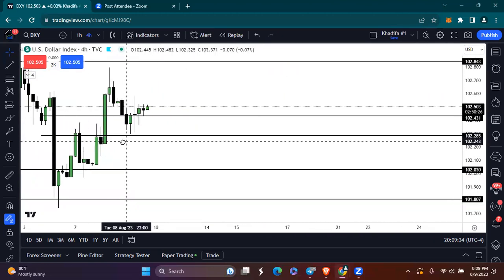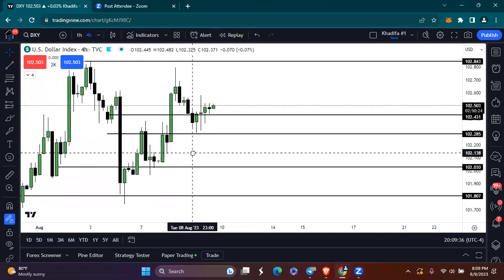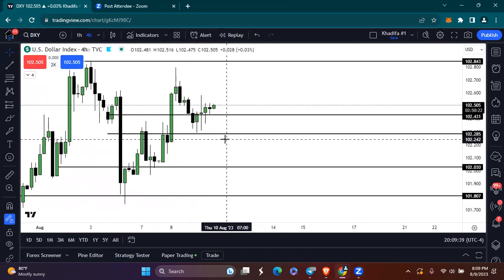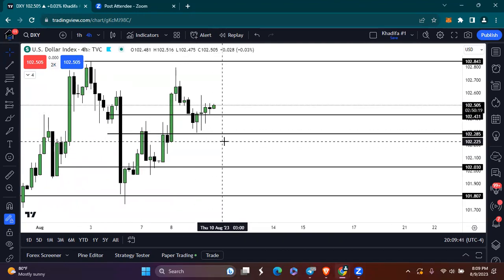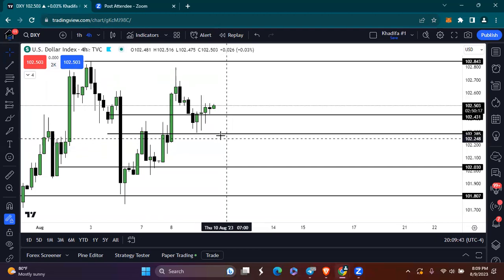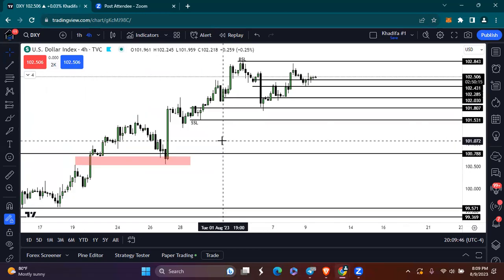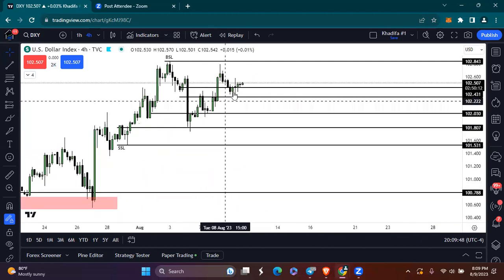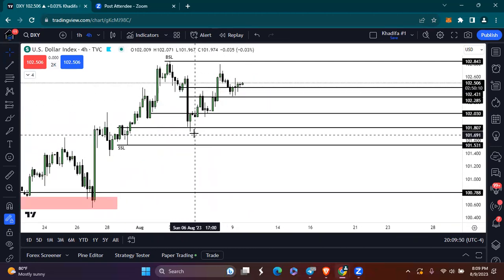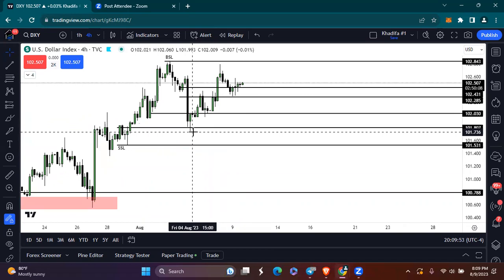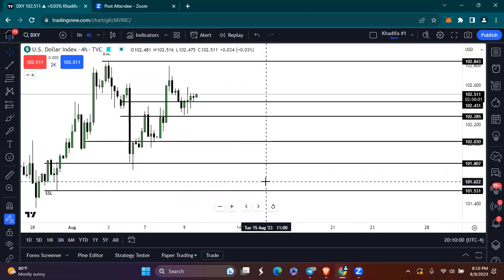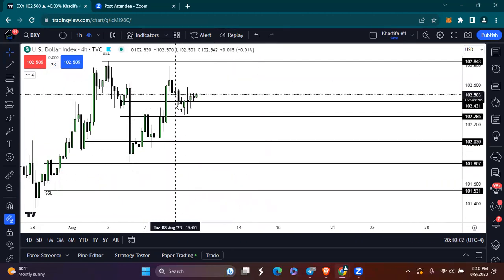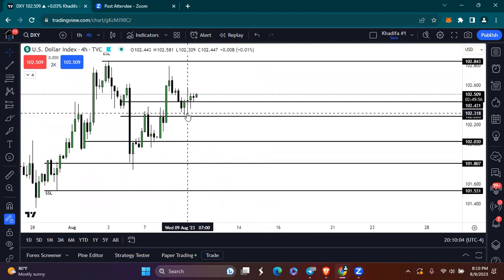If we do break below these PD array levels going throughout the rest of the night and into London, I will expect us to run sell side liquidity at 101.742. Plain and simple.